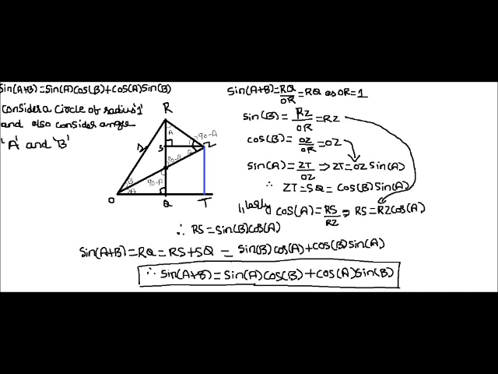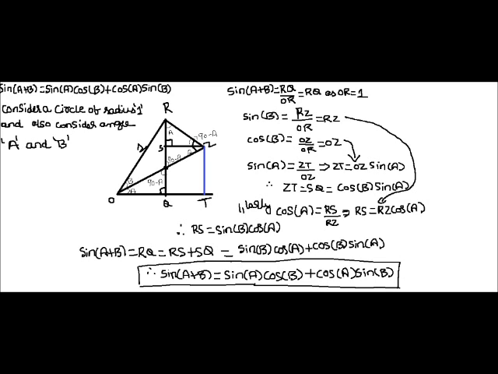So coming to sine of A plus B, the proof is, for example, consider a right angle triangle ORQ, with 90 degrees at angle Q. Now we have two angles.